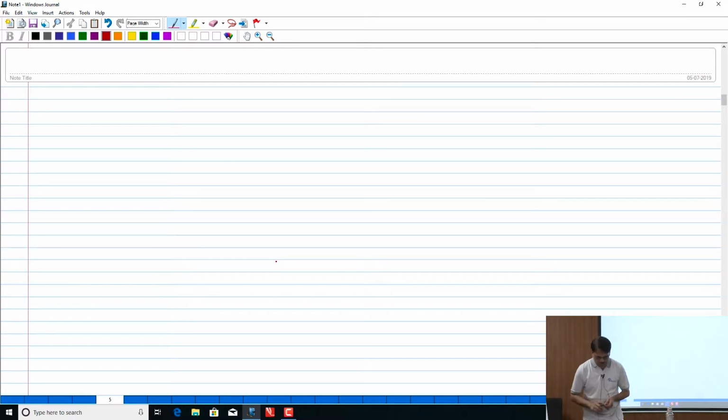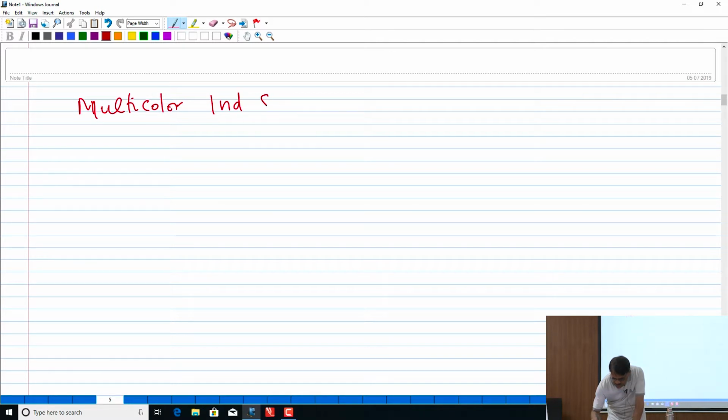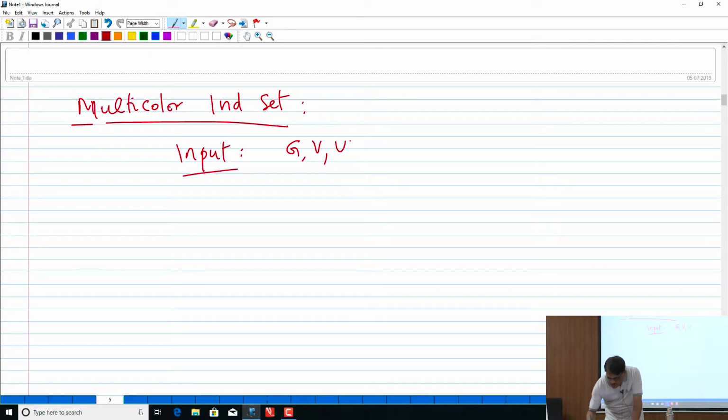Let me mention one more problem, and then we will do one reduction in this lecture. That is all the plan is. So, say multicolor independent set. So, what is the problem? My input is G comma V1 union V2 union up to Vk.